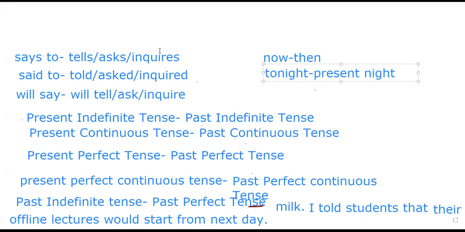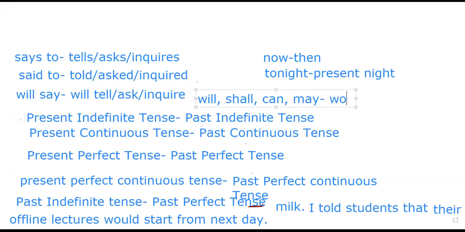So besides, you also need to know, if the reporting verb is in past tense, then will, shall, can, may will change into would, should, could, and might.